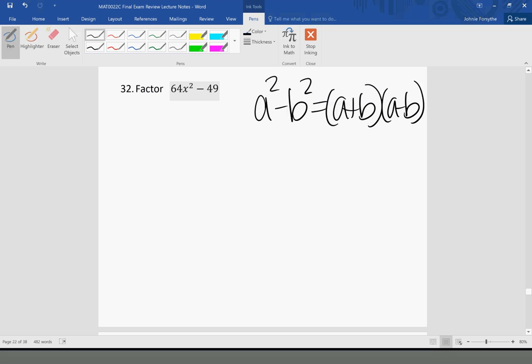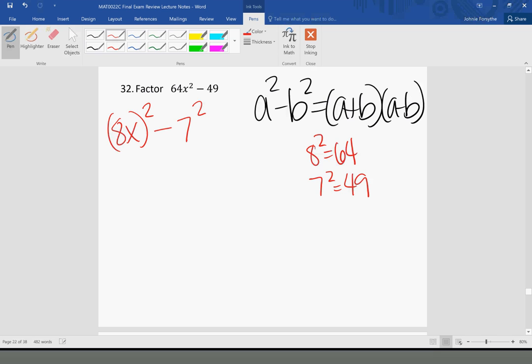So 64 is a perfect square because 8 squared equals 64. 49 is one as well. 7 squared is 49. So we can rewrite 64x squared as 8x, all of that squared, minus 7 squared. By doing that, we can clearly see what our A and what our B would be.